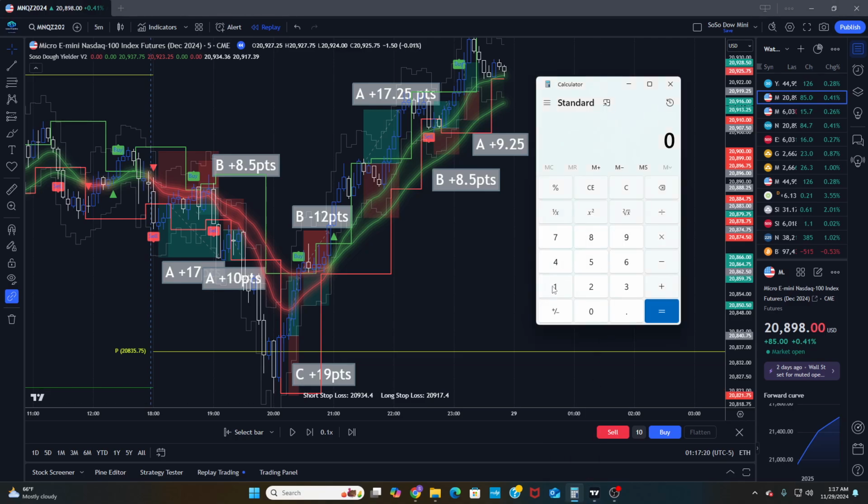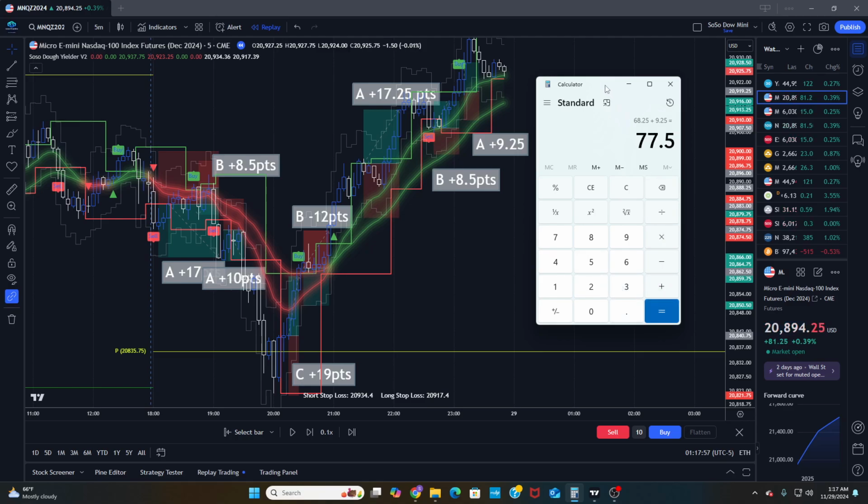All right, so we've got 17 points on the first trade, 10 points, 8.5 points there, plus 19 points down here at the C trade, minus 12 points here, plus 17.25, plus 8.5, and then plus 9.25.